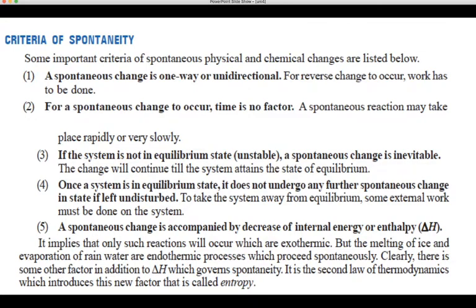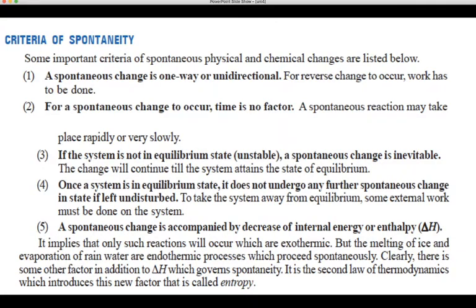So clearly there are some factors in addition to enthalpy, that is delta H, which govern the spontaneity of the reaction. It is the second law of thermodynamics which introduced this new factor called entropy. Entropy is known as randomness. When gaseous molecules move from the full vessel to the empty vessel, there is an increase in entropy.